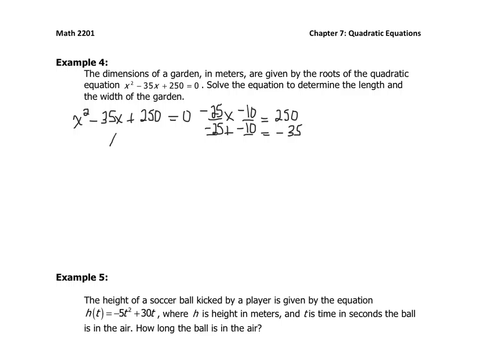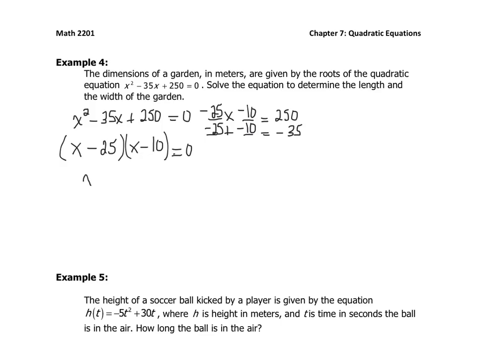So we don't need to do decomposition here, sorry. We can just go straight to the factors because it's an easy trinomial. So that would have to be x minus 25 and x minus 10. If you multiply that, it will give you the equation x squared minus 35x plus 250 equals 0.